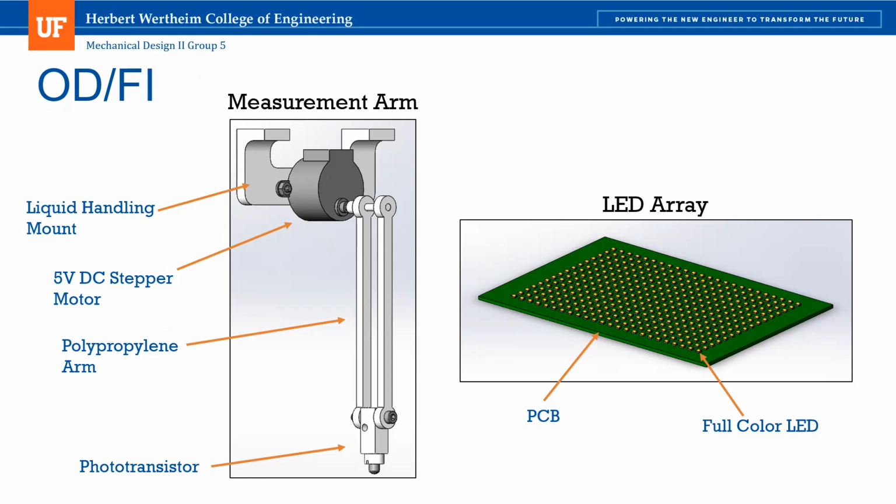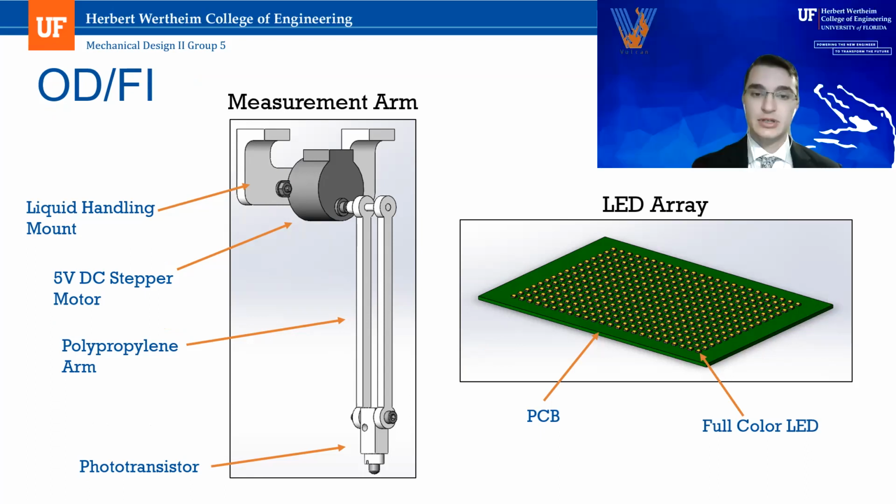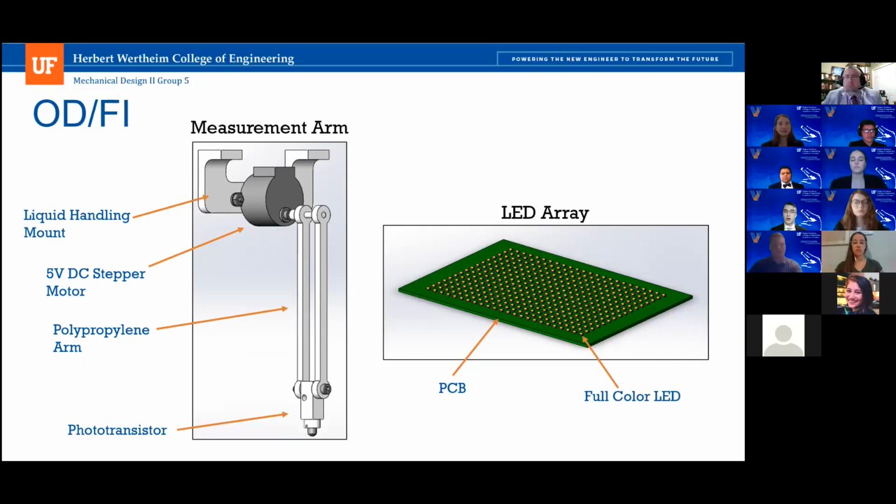Now, moving to the LED array itself, which will provide our initial light and intensity, we have opted to place an LED under every single well and every single tube. And as you can see, we have precisely 384 LEDs for every well plate. And each LED is a full color LED, meaning it has a spectral range approximately equal to that of visible light.